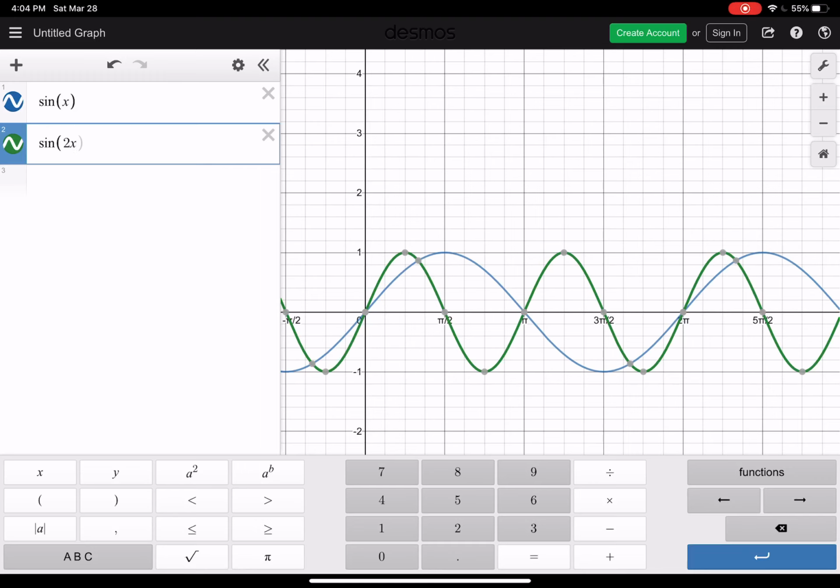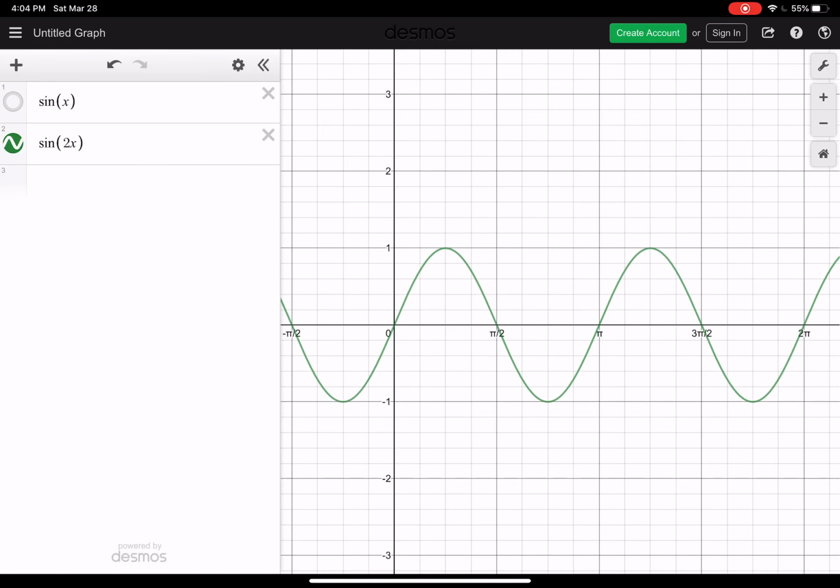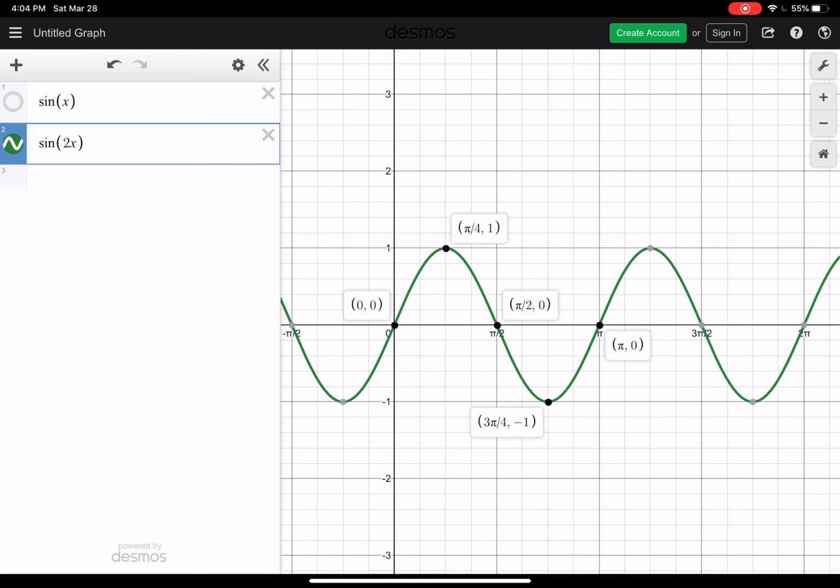Now if I turn sine of x off, you see in between 0 and 2 pi how many times the cycle repeats itself? If I start at 0 and go to 2 pi, I have axis, high, axis, low, axis. That's 1 cycle. And then high, axis, low, axis. That's another cycle. So I have 2 cycles between 0 and 2 pi. That again comes from the b term being 2. So it just shrinks the graph horizontally.